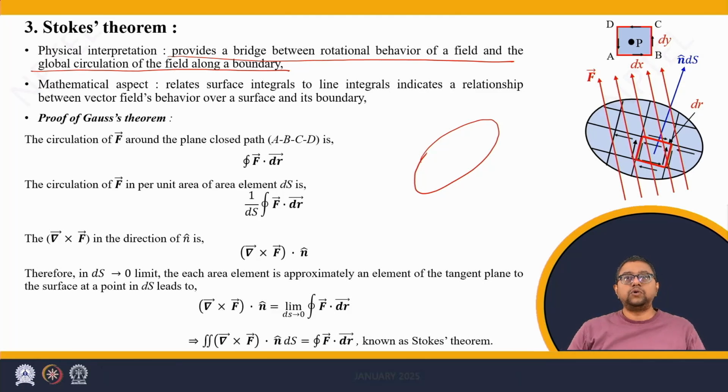Consider this closed loop. S denotes the surface area which is enclosed by the loop L. The Stokes theorem relates the behavior of a field at the boundary and the interior of this loop.